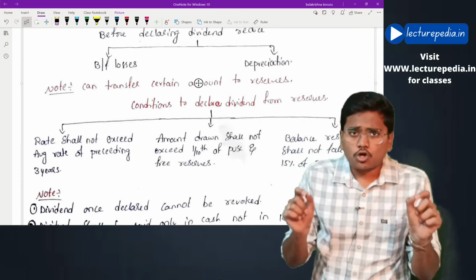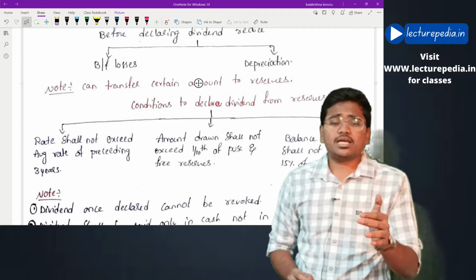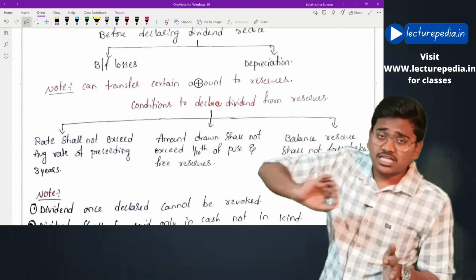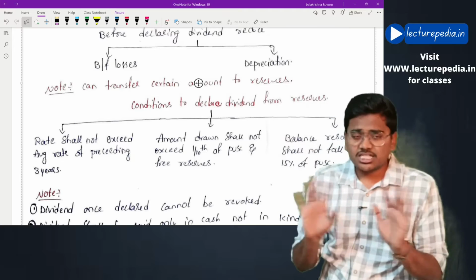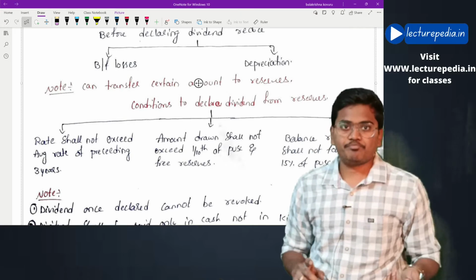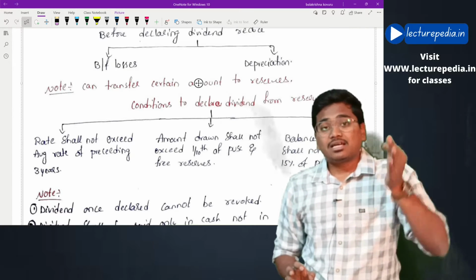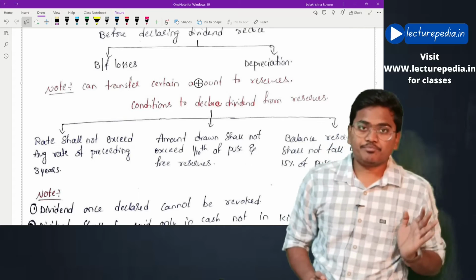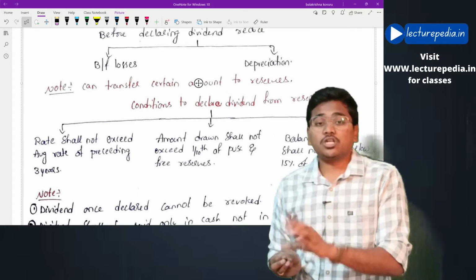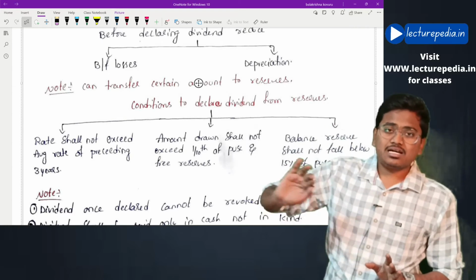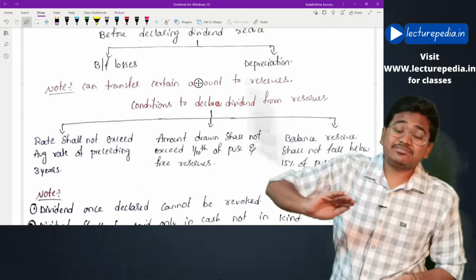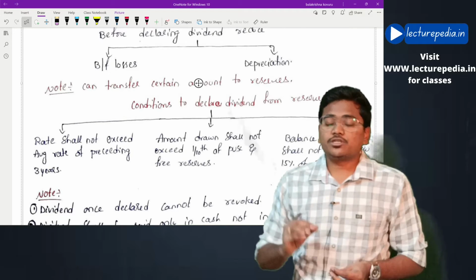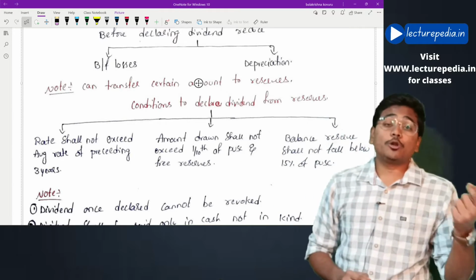However, it is not mandatory that if the company earns profit, it has to keep the amount in the reserves and surplus balance. It is optional. The company can at its discretion transfer a certain amount of profit to the reserves and surplus balance before paying the dividend.